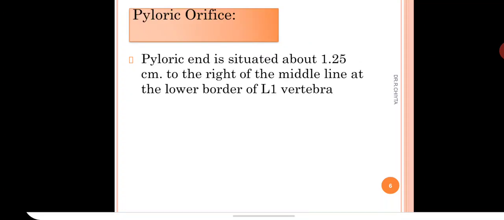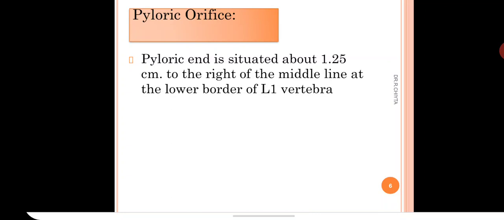Pyloric end is situated about 1.25 centimeter to the right of the midline at the lower border of the L1 vertebra. So this end is closer to the midline than the cardiac end.